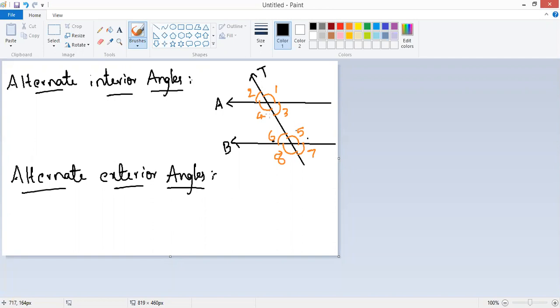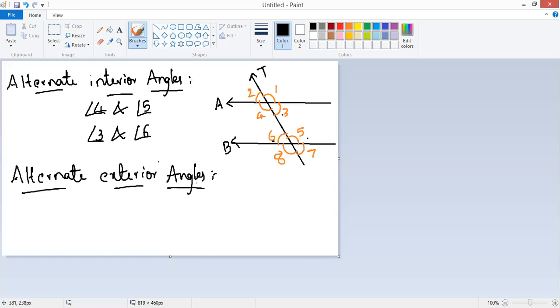Angle 4 and angle 5 are opposite to the transversal, therefore they are a pair of alternate interior angles. In the same way, angle 3 and angle 6. The values of alternate interior angle pairs are also the same.